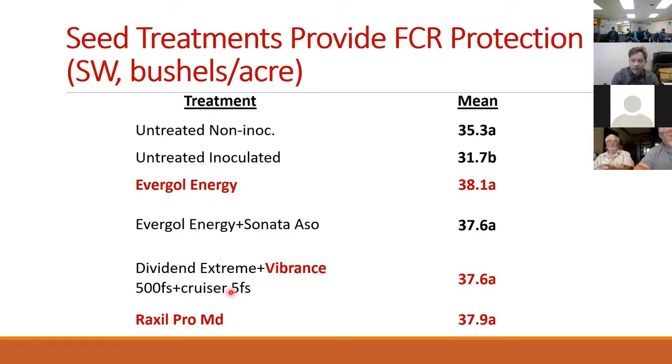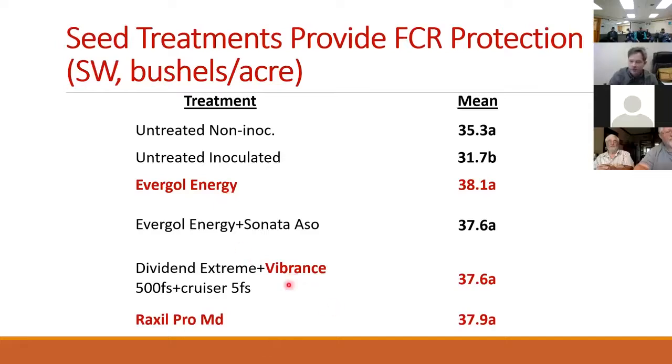We have done numerous studies on seed treatments for control of fusarium crown rot and Cochliobolus sativus. This is just one of many. What we consistently find is that the products that work best are the Evergol Energy product, and you can only get this product through a professional seed treatment.